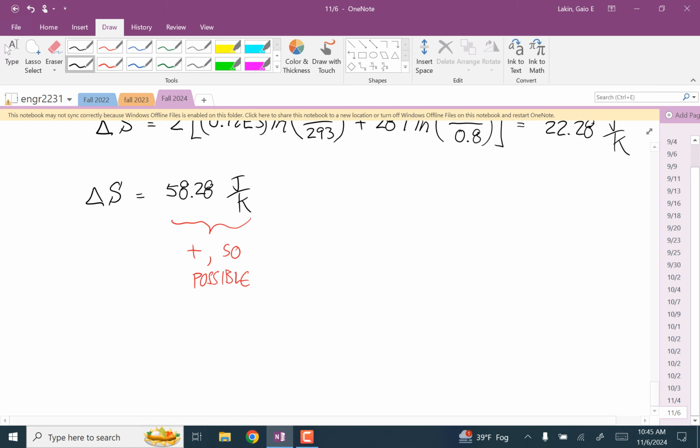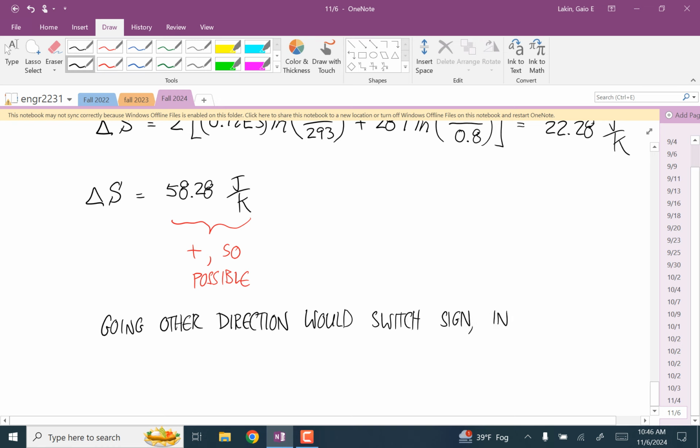Going the other direction would switch the signs. Interesting that they're both positive individually too. It is interesting. I would have thought that one of them would counteract the other. Yes, me too. That is odd to me too.